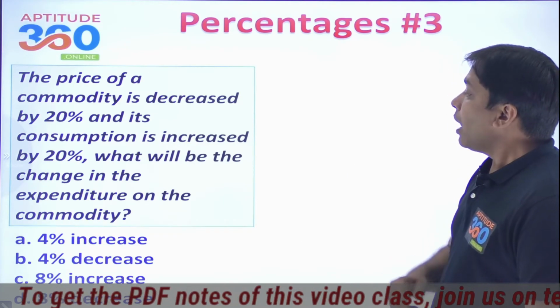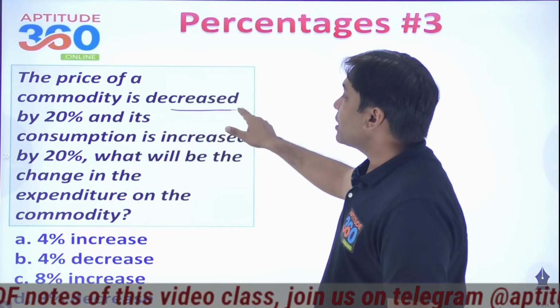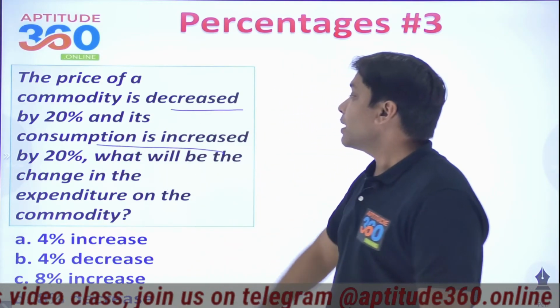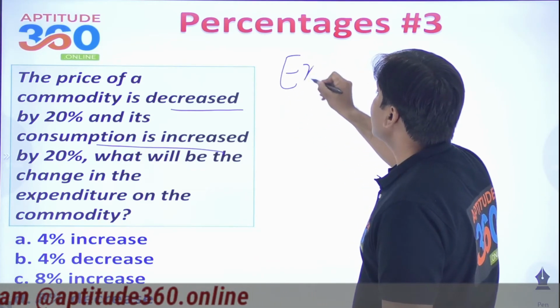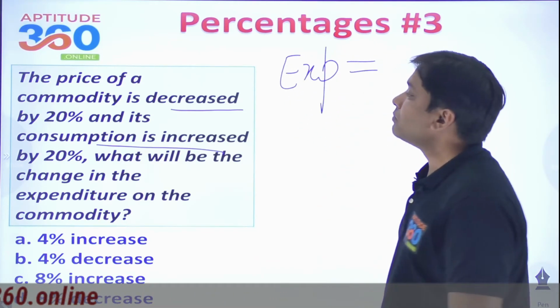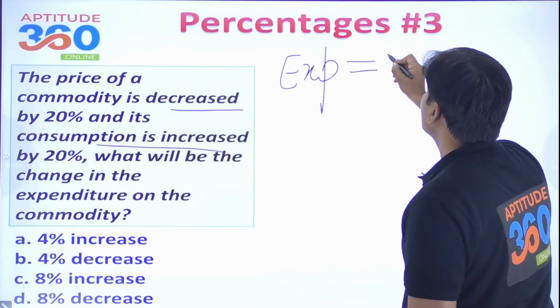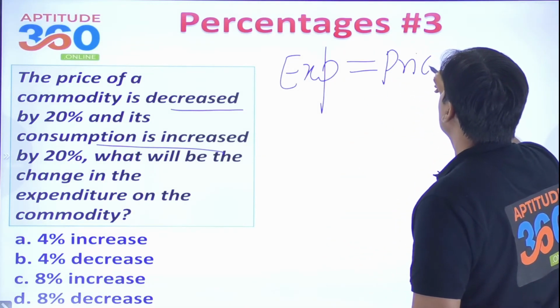Now, a price of a commodity is decreased by 20% and its consumption is increased by 20%. Can you find it out? So can you say that expenditure is equal to price into quantity?